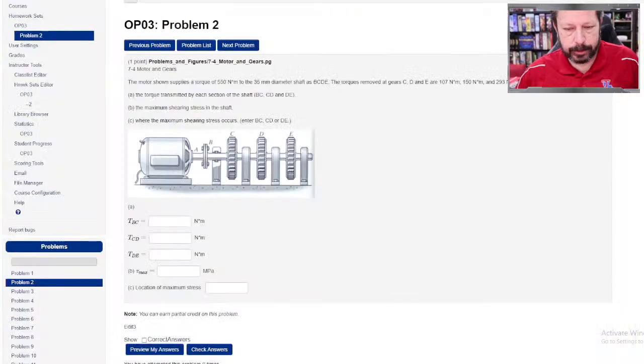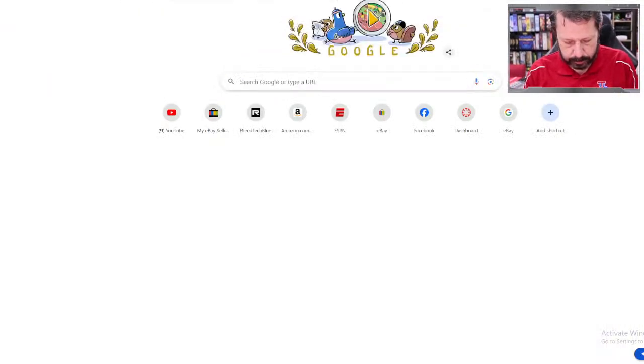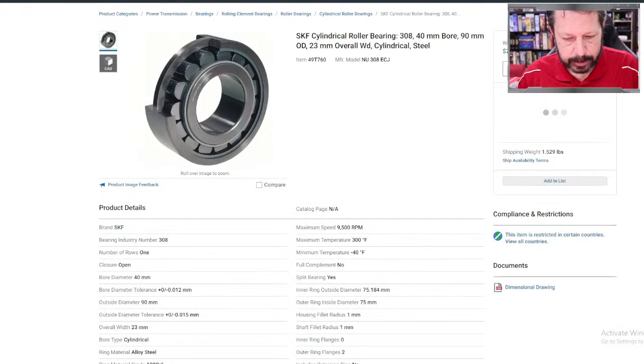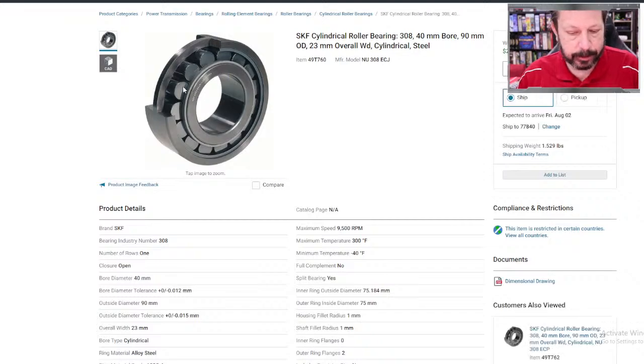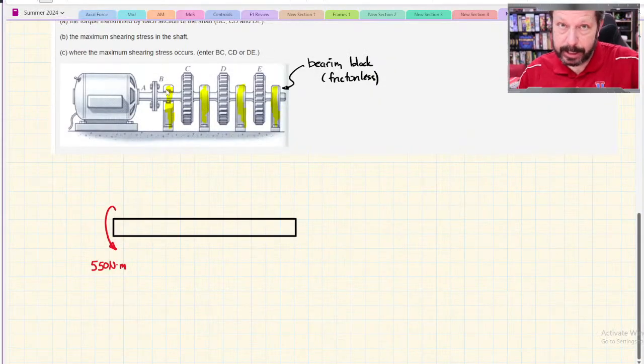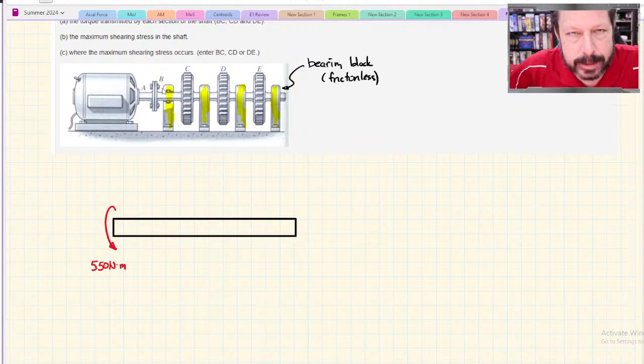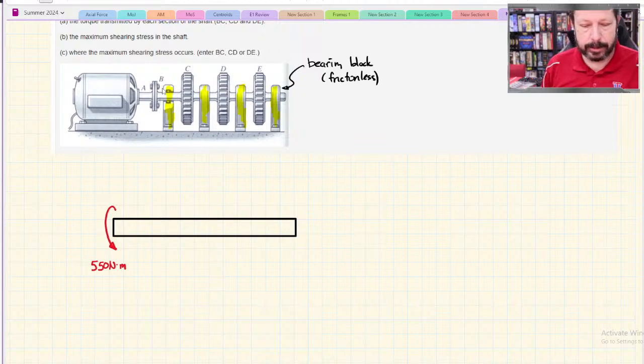If you're not sure what those are, one of these kinds of things, kind of like here. It may not be this particular kind, but something like this. There are some rolling elements in there, and there's an inner race and outer race. The purpose of that is to keep the shaft in place, but let it spin relatively freely. So we're assuming it's perfectly frictionless, but in reality, they do absorb some of the torque, some of the power that goes into your shaft, but we're assuming they don't.